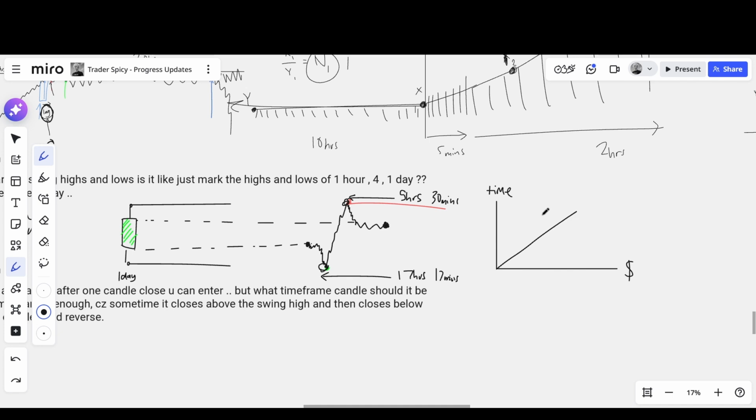What we can just guess is that we can assume a more violent reaction at this level rather than that level, because price has spent a longer amount of time away from it, which means that there is more opportunity for other players to draw a level there and make a predetermined choice that if price was to get to this level, I'm going to make some kind of decision. I'm either going to open a trade here or I'm going to close a trade here. But nonetheless, I've drawn a level at this point and I'm going to execute some kind of trade there, right?